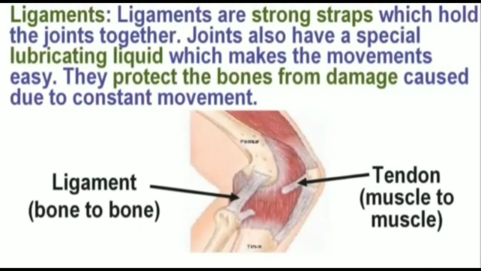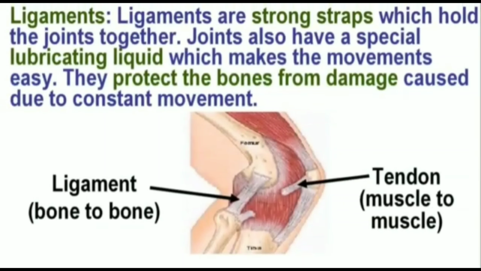The bones at the joints are held together by strong bands of fiber-like structure, or strong straps, which hold the joint together, and these are called ligaments.